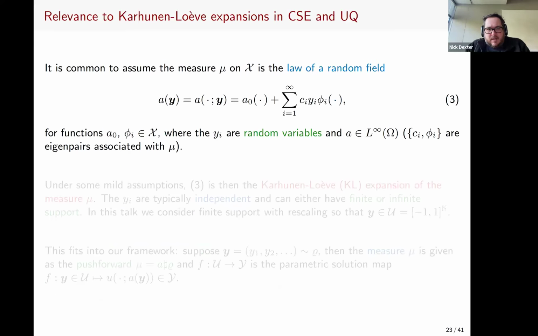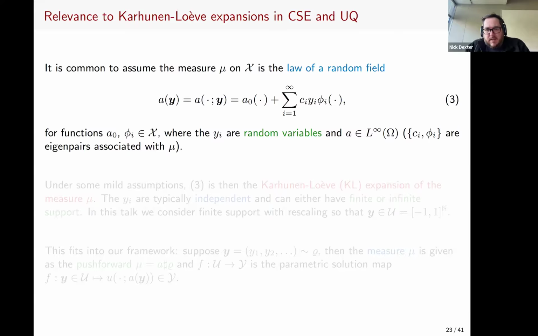Also, I wanted to make a connection to the relevance to Karhunen-Loève expansions in computational science and UQ. It's common to assume the measure mu on X is the law of a random field. So you have a equals a0 plus the sum of c_i y_i times phi_i, for some functions a0, phi in X, where the y_i are random variables and a is in L infinity.